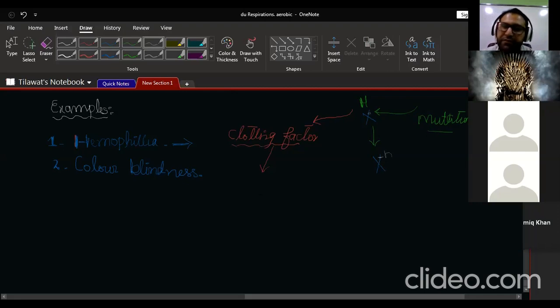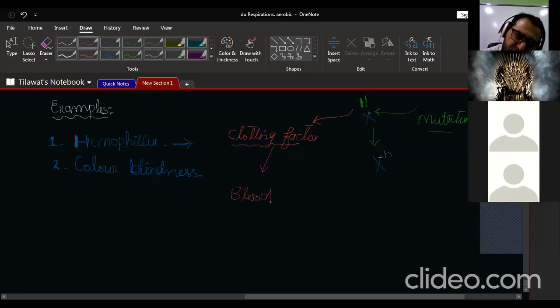Okay. And if a person has this allele, he will be unable to do blood clotting. But here we still have two conditions. It means if this is working, blood clotting will happen. Remember, blood clotting will happen. Your body will clot the blood.